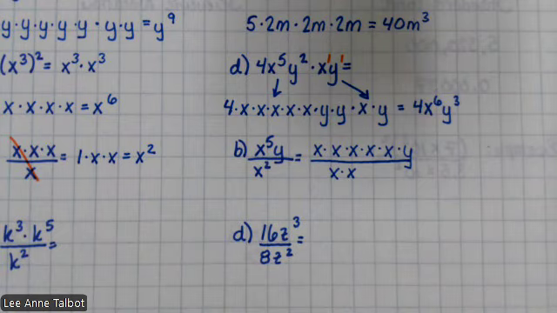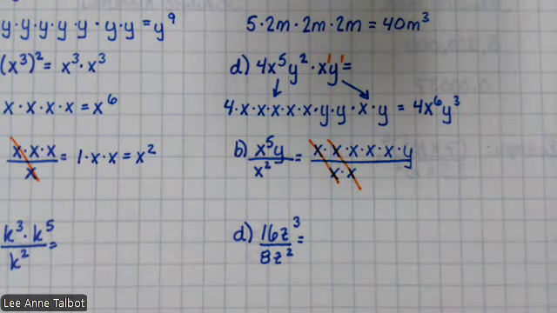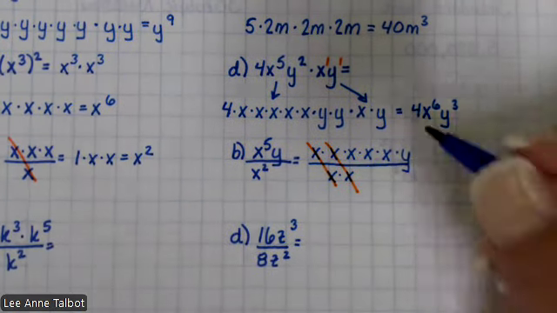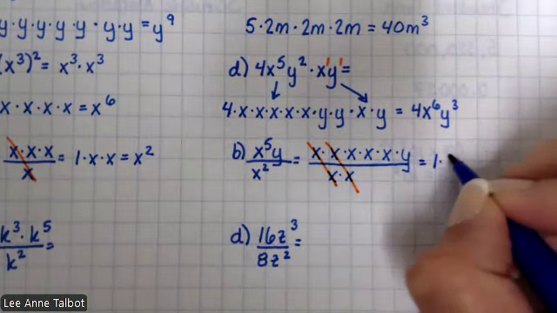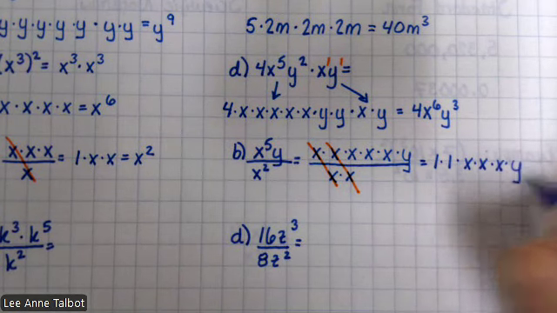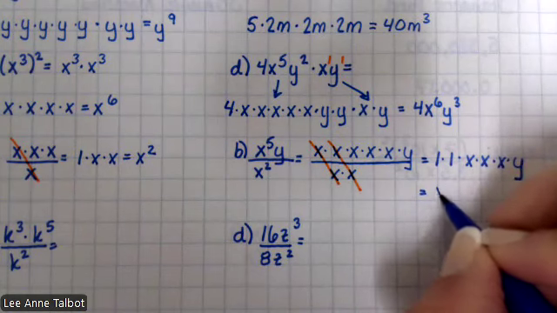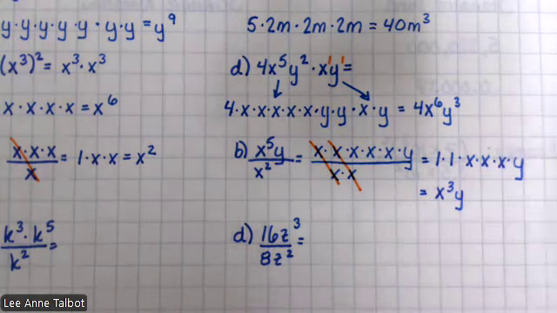Yes, there's 2 of them. 1 here and 1 here. So I have 1 times x times x times x times y, which is x to the third y.